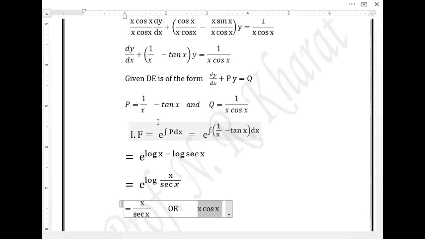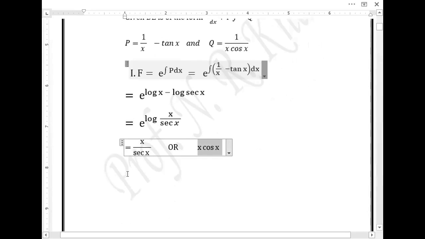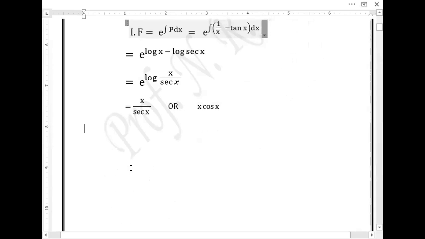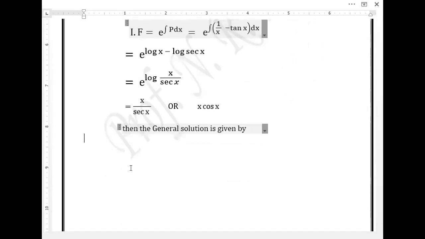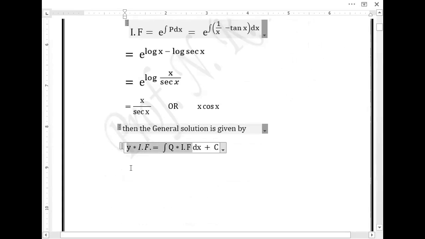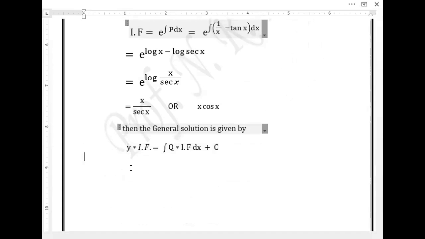To find the general solution, we multiply the integrating factor to the dependent variable, and we multiply the right hand side by the integrating factor and take its integration with respect to x. So y into integrating factor is equal to integration of q into integrating factor dx plus c, which is the solution of the differential equation.